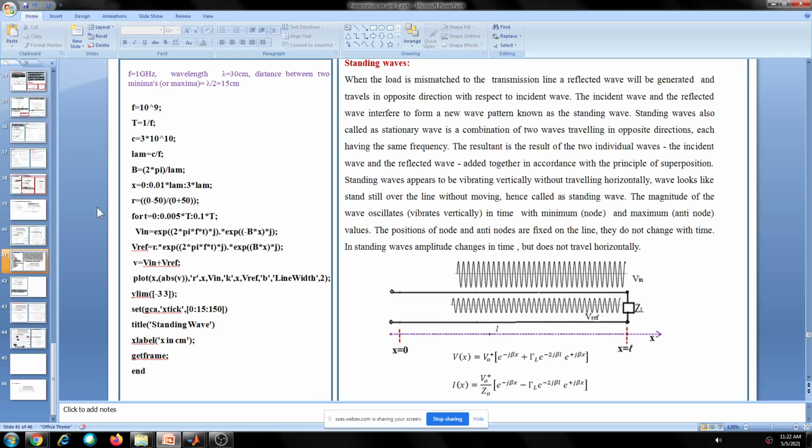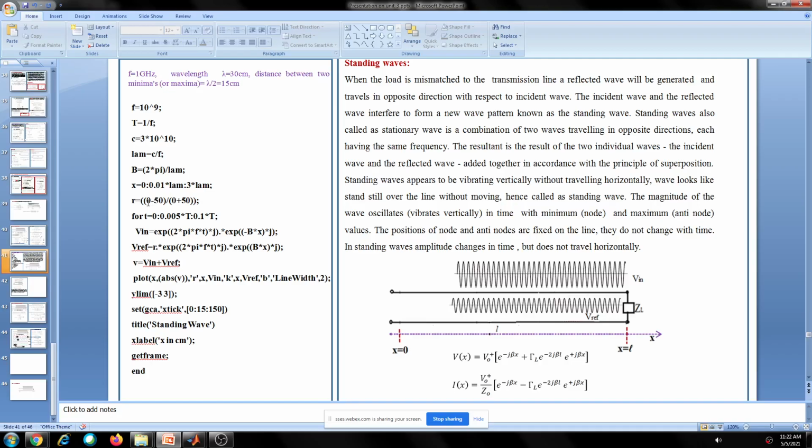Yes, ma'am. Okay, here R is the reflection coefficient. It is ZL minus Z0 divided by ZL plus Z0. Here I took ZL as 0, that is a short circuit.